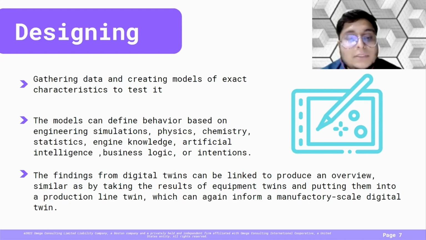The findings from the digital twins can be linked to produce an overview similar as by taking the results of equipment twins and putting them into a production line twin, which can again inform a manufacturing scale digital twin. Using linked digital twins in this way makes it possible to enable intelligent artificial operations for real-world operational, developmental, and advancements.